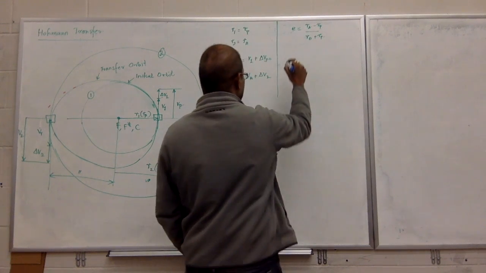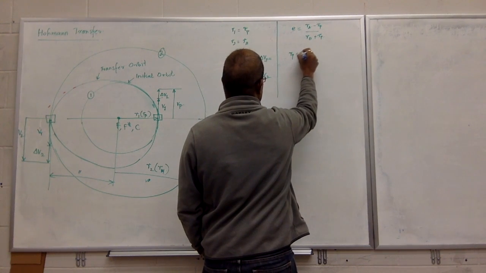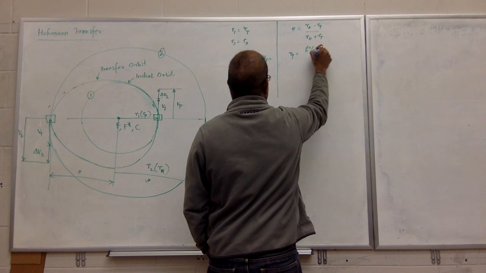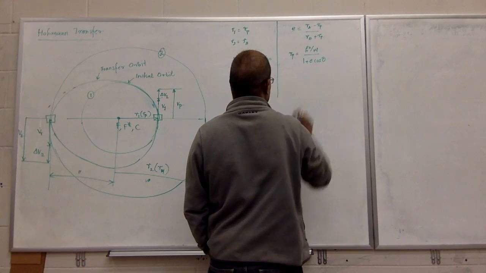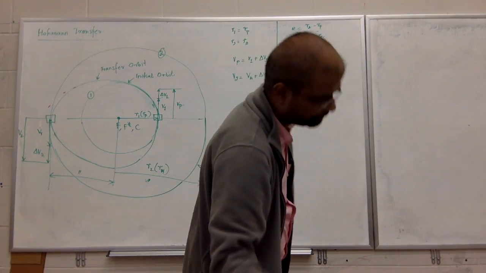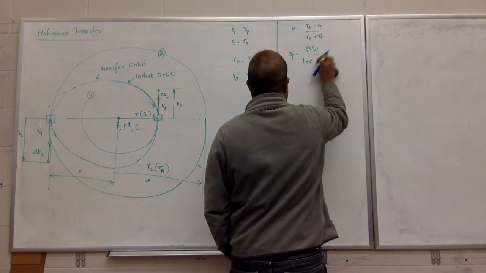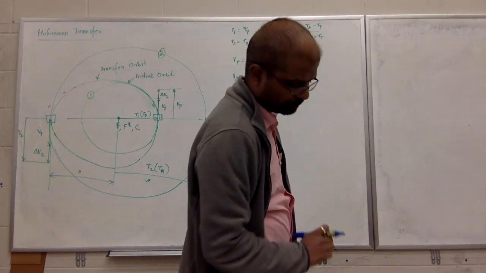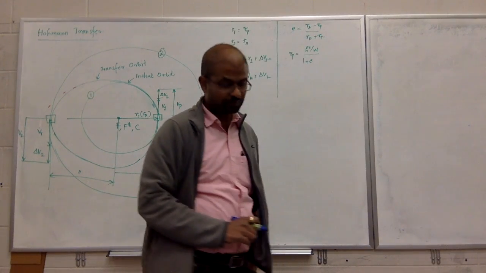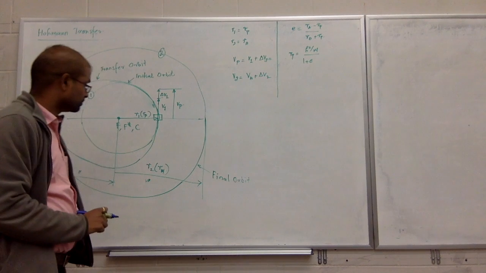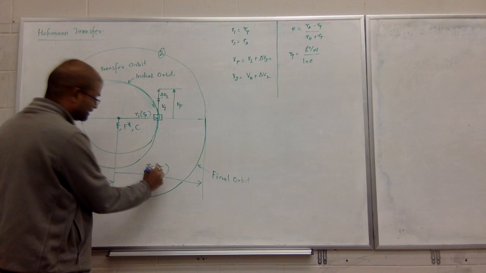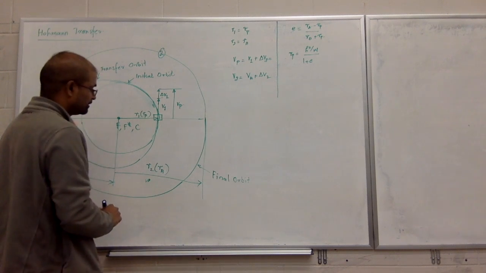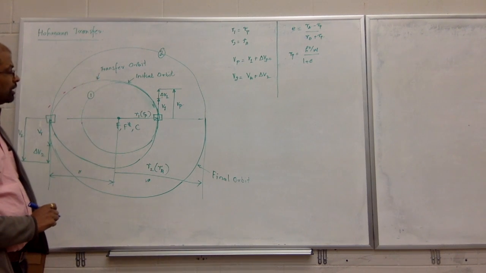Now, RP is h squared over mu divided by 1 plus e cosine theta, or 1 plus e, right? RA and RP refer to the transfer orbit.